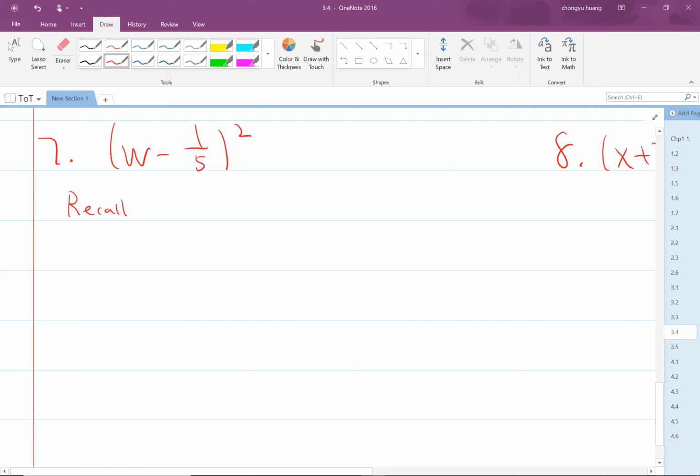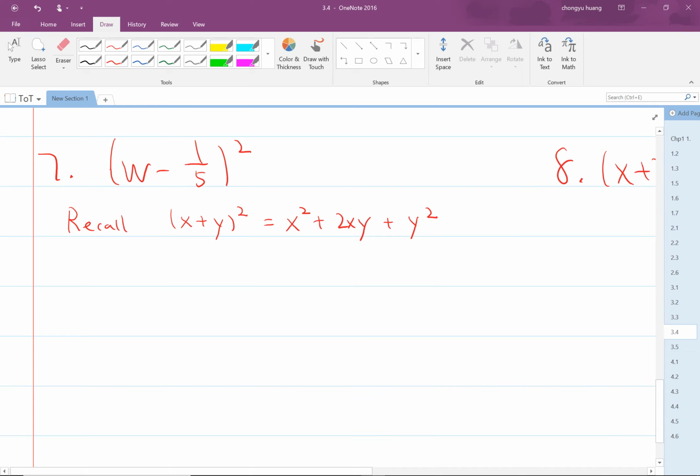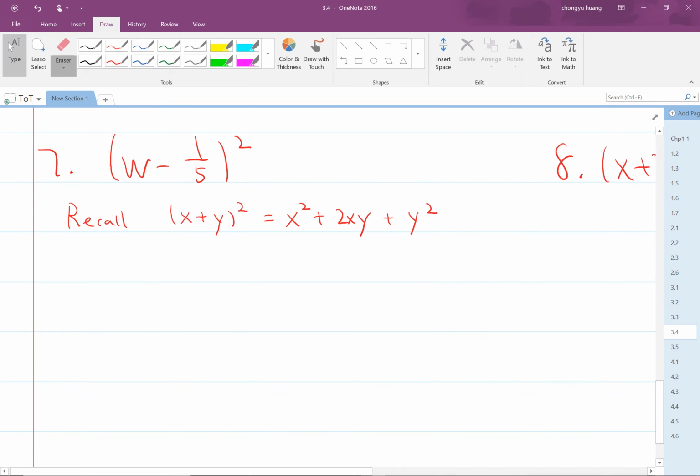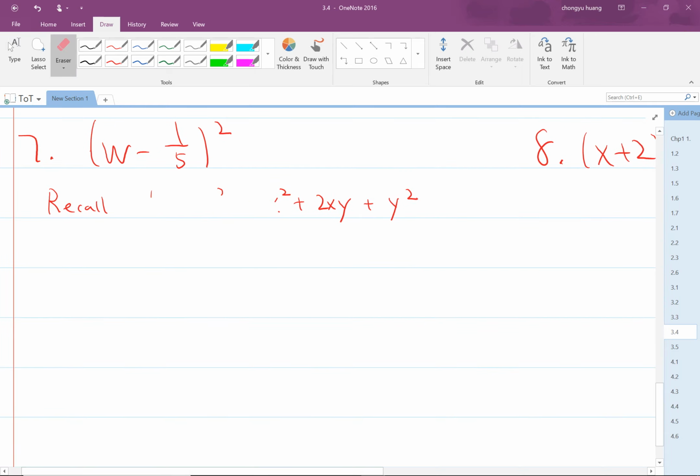So recall what we have is x plus y to the power 2 is equal to x squared plus 2xy plus y squared, right? Let me rewrite it, sorry.